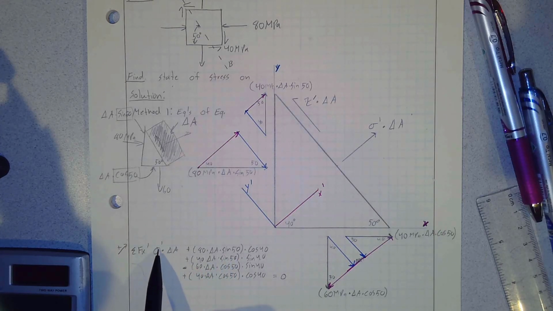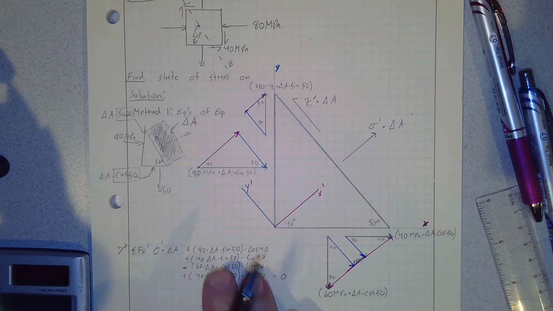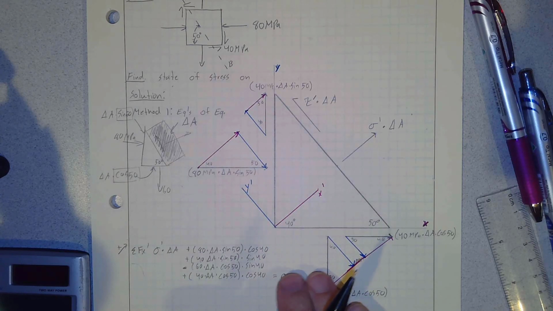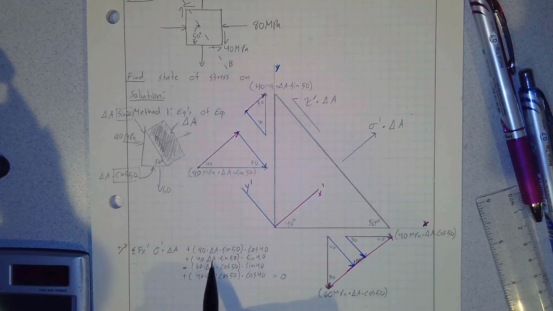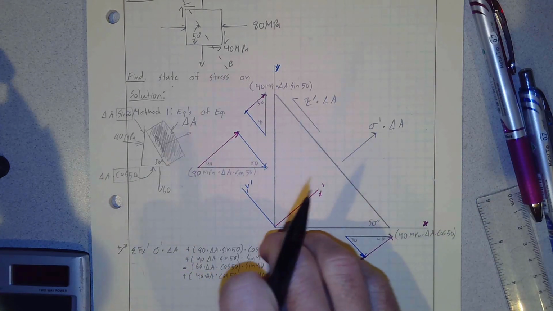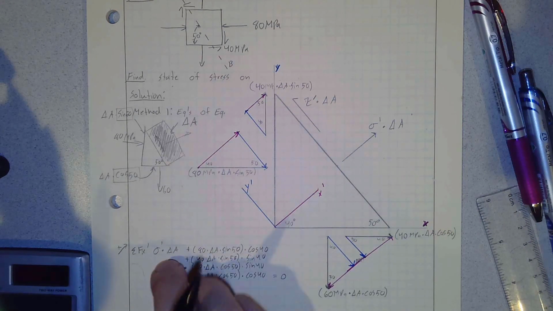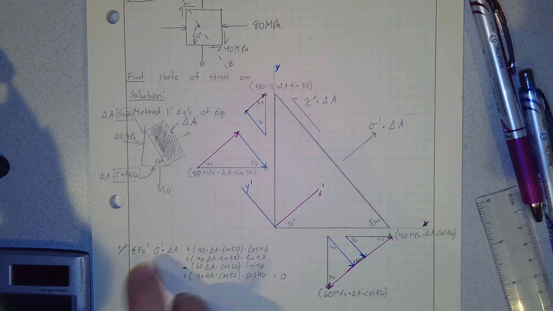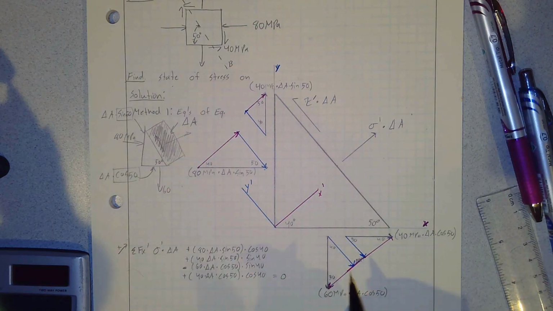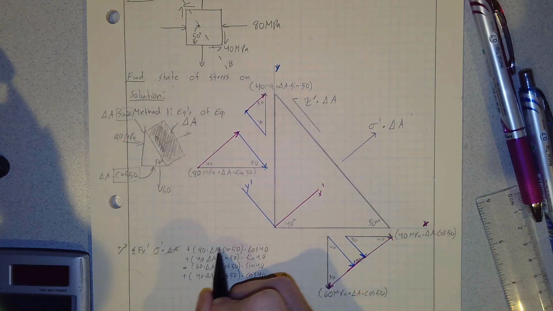If I'm solving for my unknown sigma prime, I would move these 4 terms all over to the other side of the equal sign. Then I could factor out the delta A from each term, and I'd have some long equation on this side times delta A, and I'd have sigma prime times delta A on this side. So basically what I could do mathematically is multiply both sides by 1 over delta A, and all the delta A's cancel out.